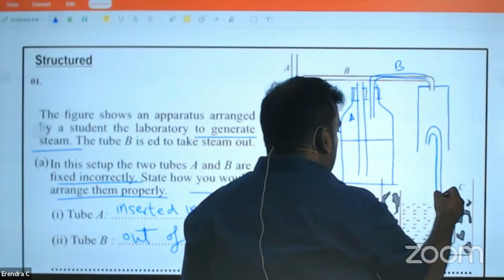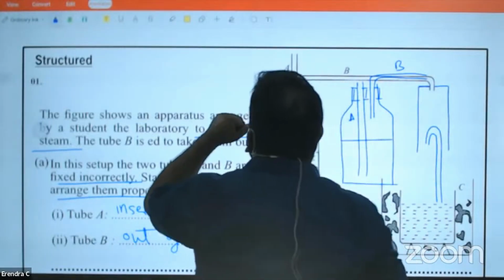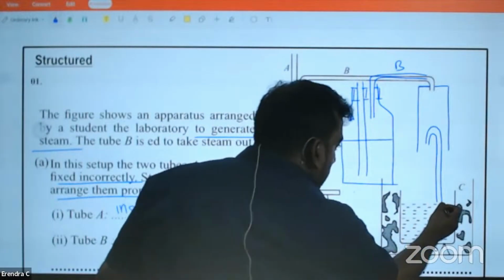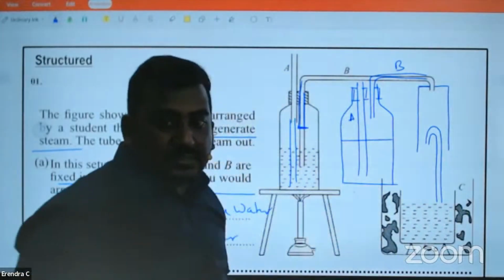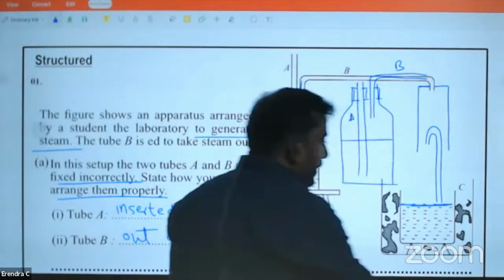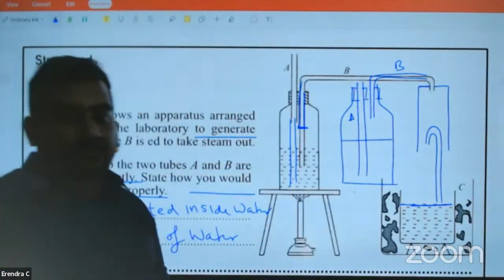The tube should be just above the water surface. Not inside water, just above. This black line is the water surface. So I will keep the water line here, just above the water surface.